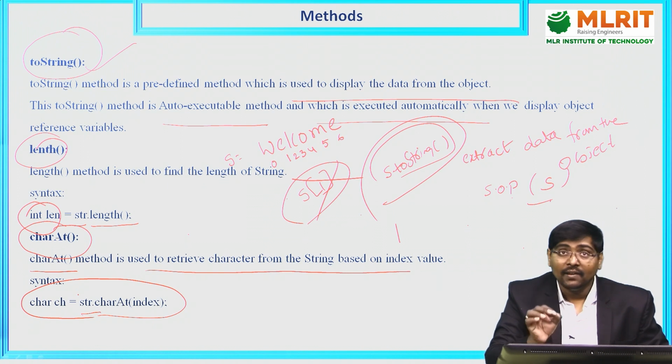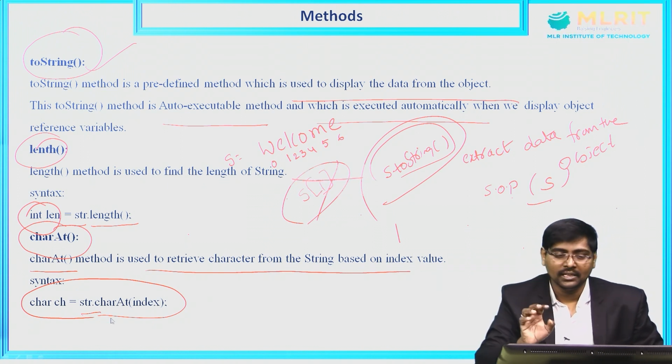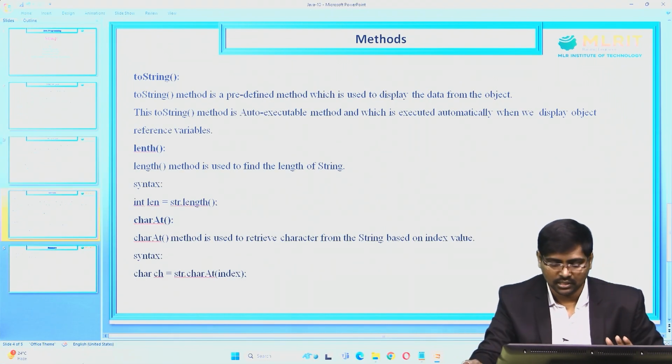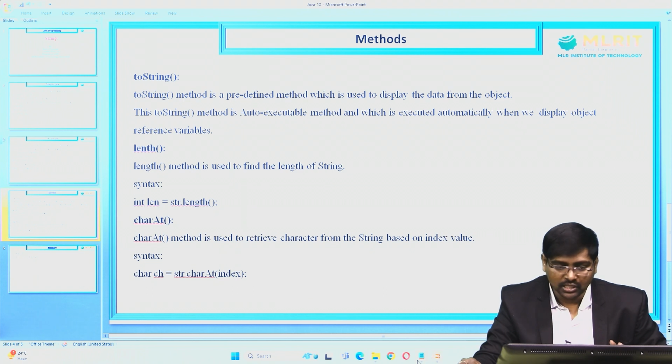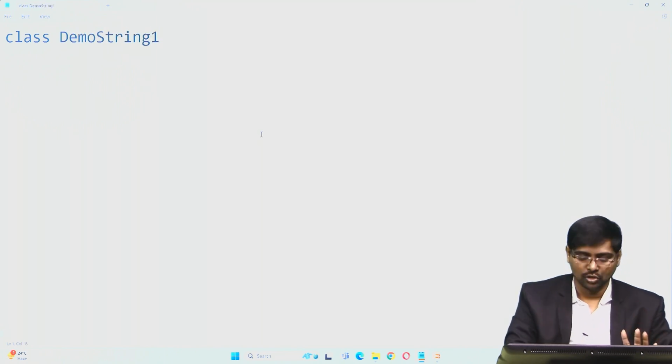Now, I will explain these three methods, along with how to create a string in two different ways, by considering one example program. Class DemoString1, assume this is my class name.